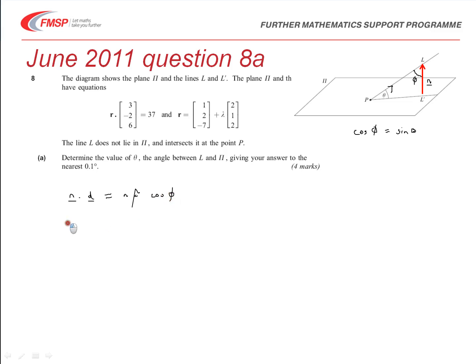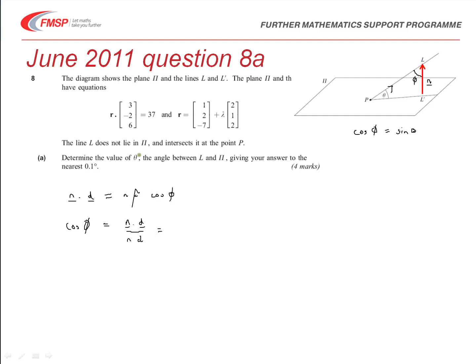So if we rearrange that, we know that the cosine of phi will be equal to n dot d divided by n times d, where n and d are the length of the vectors.